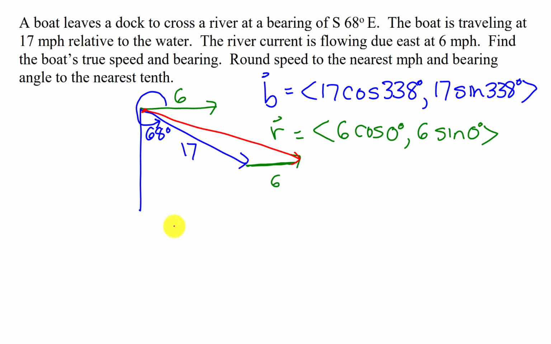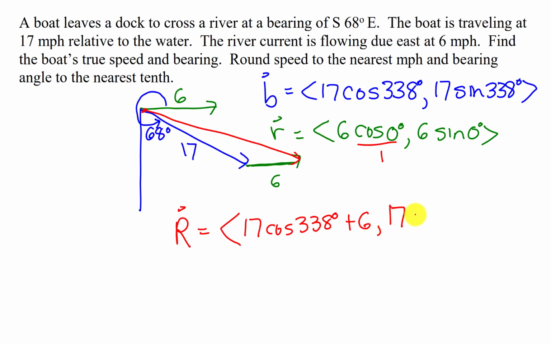I'm just going to use a capital R for the resultant vector. It's going to be the sum of the other two. We're going to add them component wise. So we're going to have 17 cosine 338 degrees plus 6, since cosine of 0 is 1. Second component is 17 sine 338 degrees, and sine of 0 is 0, so that's all there's going to be on that one.